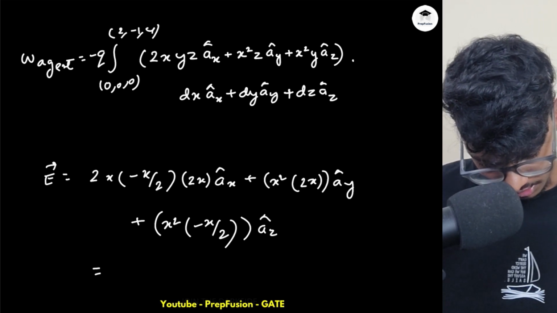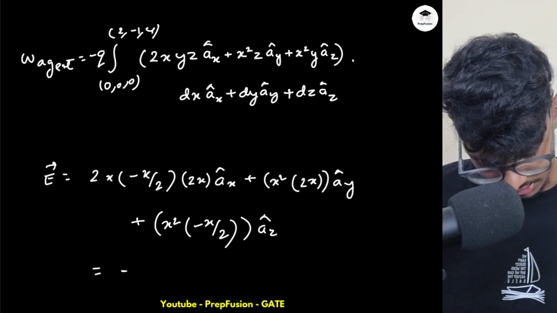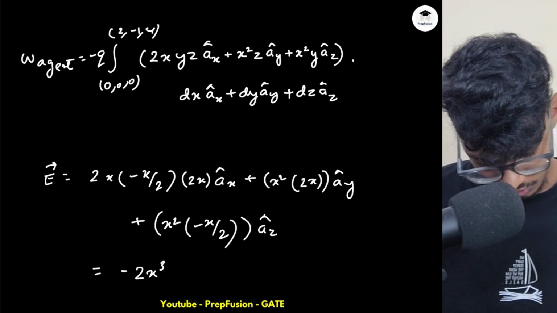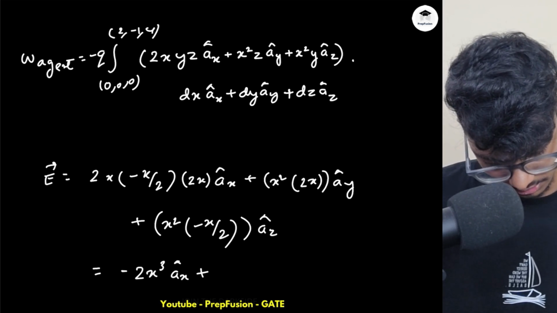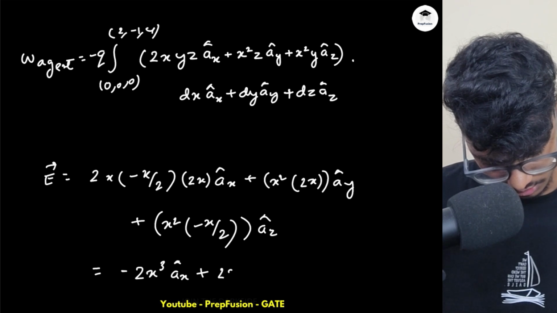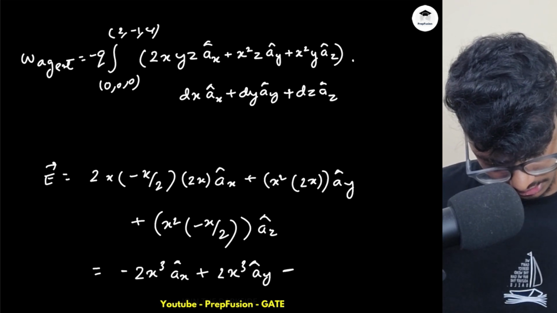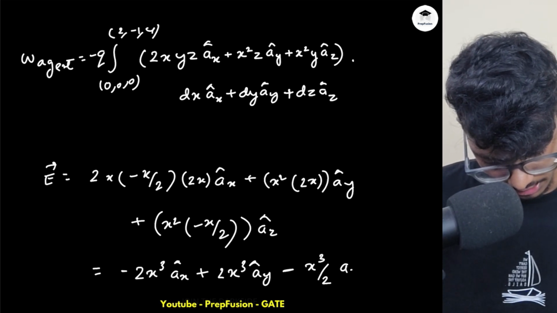This becomes, the 2 gets cancelled, minus 2x cube ax cap plus 2x cube ay cap minus x cube by 2 az.